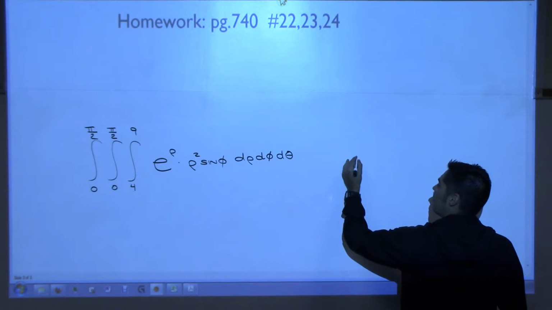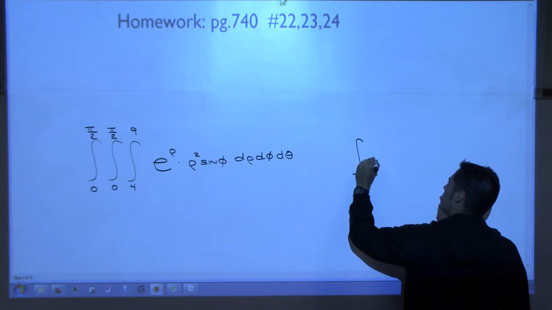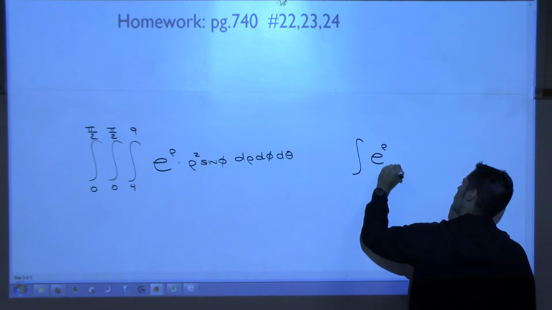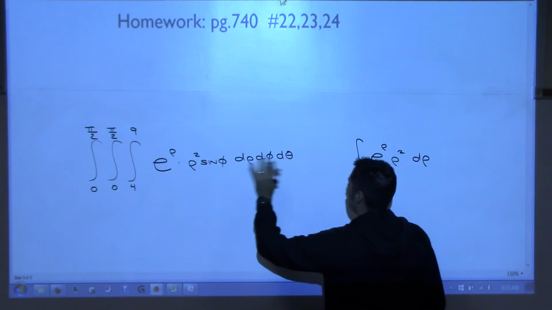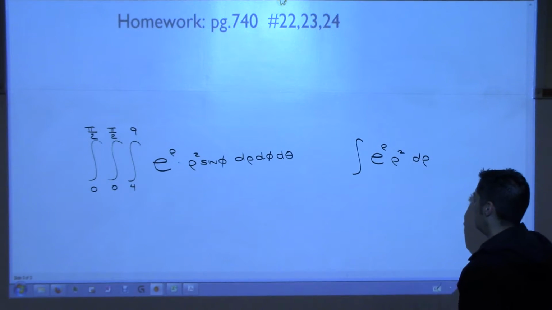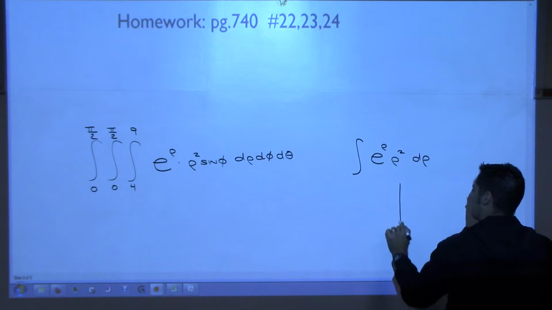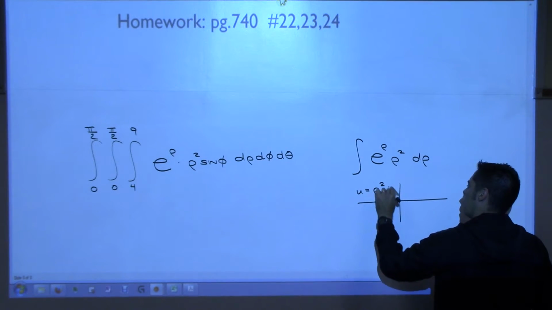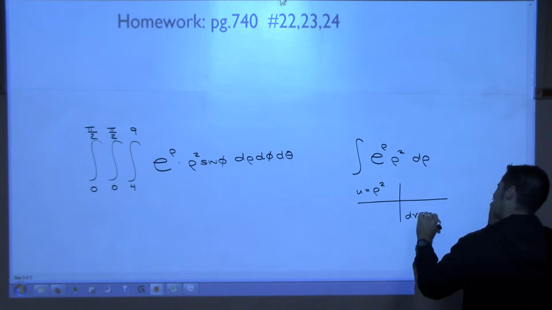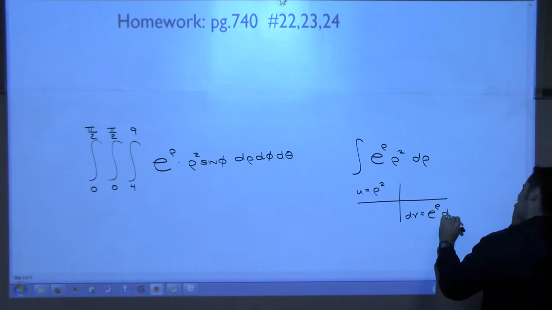So I want to do the integral of rho squared e to the rho d rho. And I know that I have a sine phi here, but I'm going to ignore it because it's a constant. What I would do is I would set up integration by parts. I let u be equal to rho squared. I'll let dv be equal to e to the rho d rho.